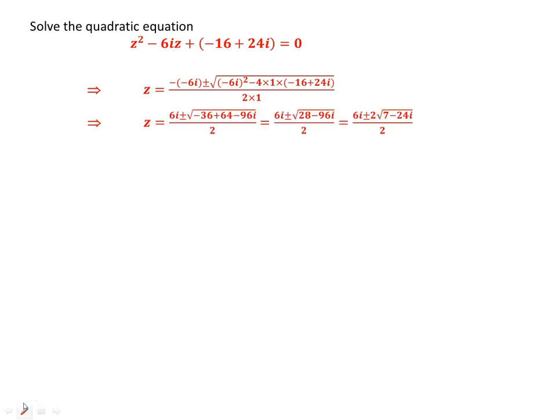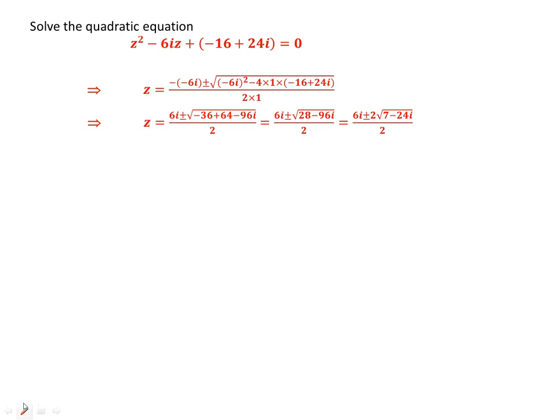Now if we work out or simplify this expression, minus b, which is minus 6i, just gives me 6i. Minus 6i squared is the same thing as 36i squared, which is minus 36. And then we've got minus 4 times 1 times minus 16, which is plus 64.